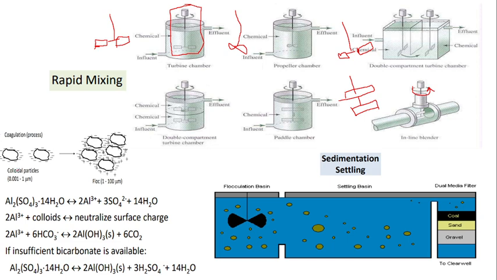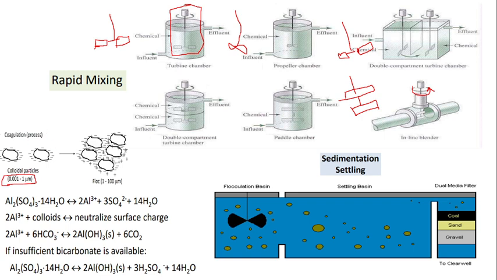Now if you see this process, this is the coagulation process. These are the colloidal particles. The general size of a colloidal particle is in the range of 0.001 to 1 micron. So it is very small, right? Whenever the particles are very small, it is very difficult to separate them from the water. So we add the coagulating agent.